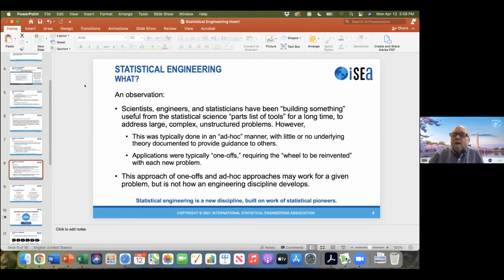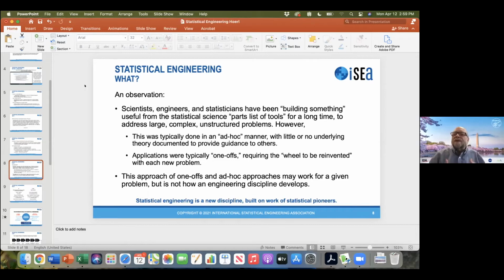Now, I'm certainly not the first person to realize that we need to build something useful from the statistical science parts list of tools. Smart people have been doing this for a long time. And as I've read some of their work and tried to figure out how they did it, what I realized is the pioneers in doing this often did it in a somewhat ad hoc manner, in the sense that they didn't document an underlying theory to how they did it.